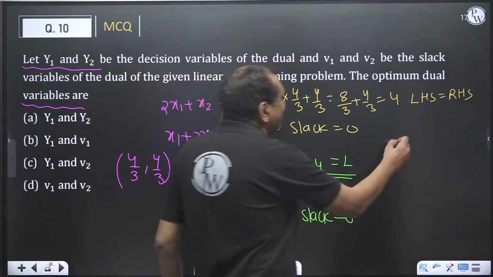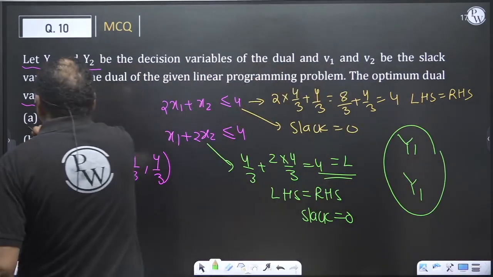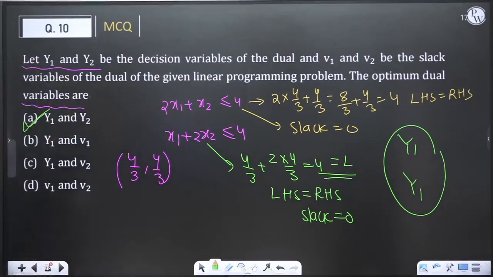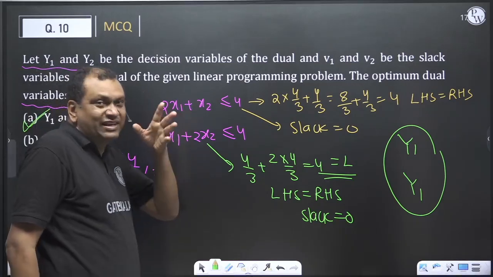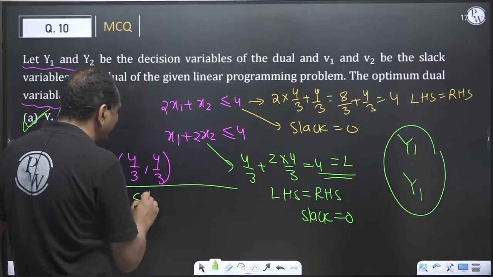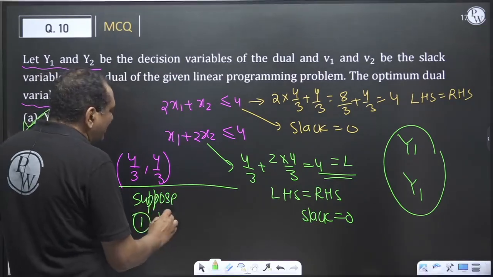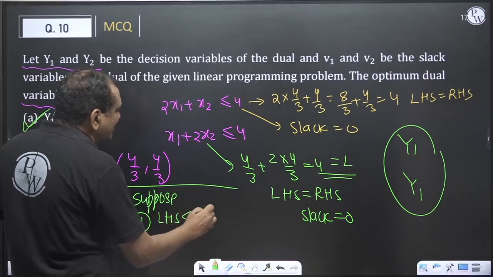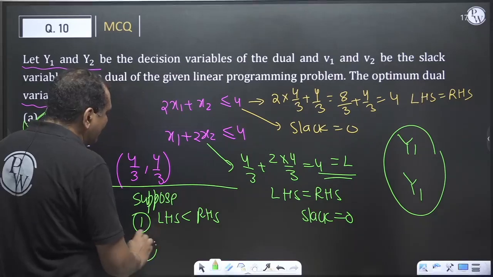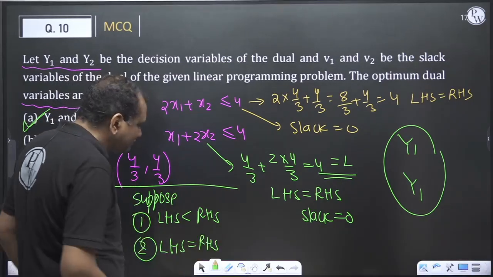So the decision variables will be y1 and y2. Suppose, I'm just giving an example, suppose in the first constraint the left hand side is less than the right hand side, and in the second constraint the left hand side is equal to the right hand side.